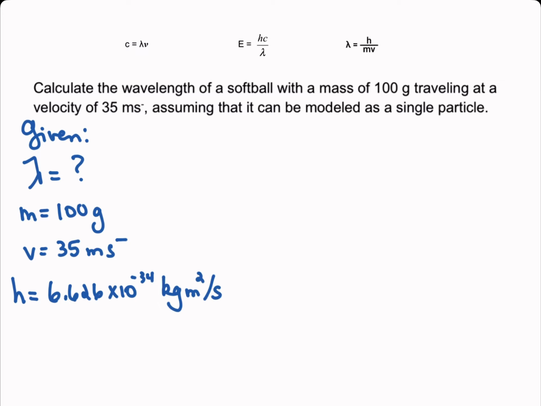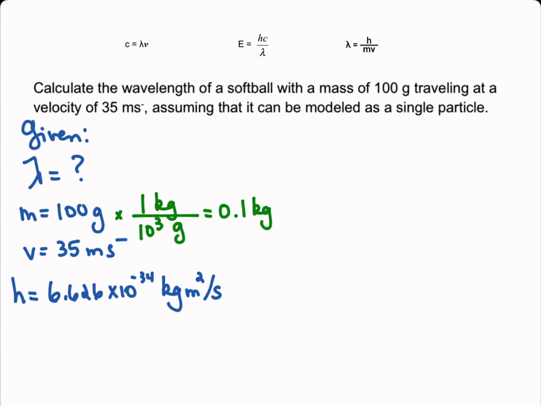All right, before I move on, I have to take a look at my units. Because Planck's constant is in kilograms, that reminds me to convert my mass to kilograms. So I'm going to go ahead and convert my mass to kilograms. Grams in the numerator. 1 kilogram is 10 to the third grams. So this will give me 0.1 kilograms.